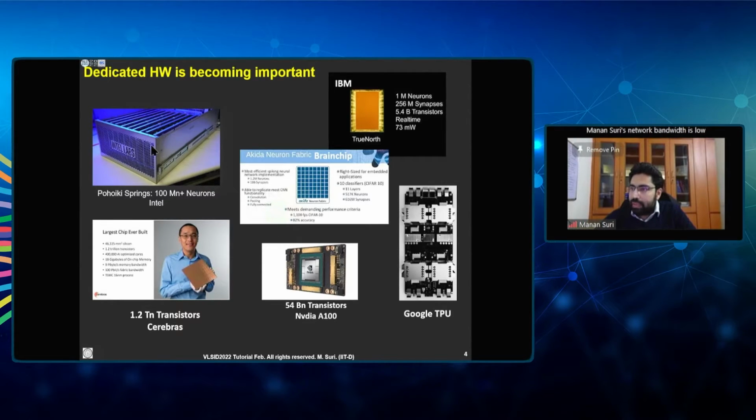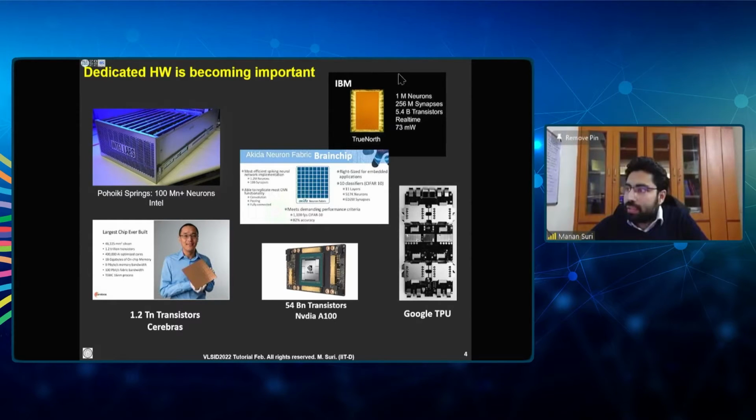Then there are things like neuromorphic chips, neuromorphic servers, wafer scale chips, TPUs, spiking neural network hardware and so on. So there is good evidence to say that the application domain dominating these days requires dedicated hardware and specialized architectures. And a lot of these architectures are also coming from non-von Neumann inspired computing.